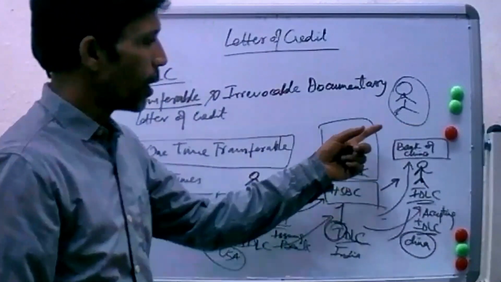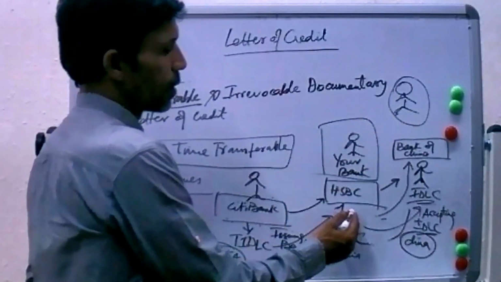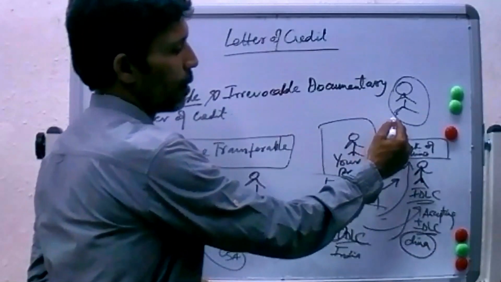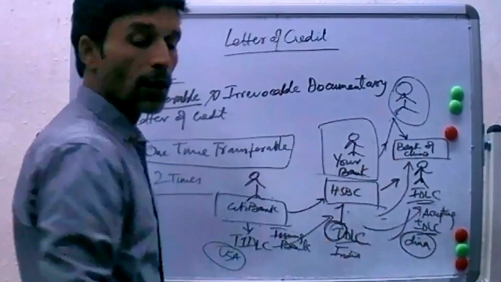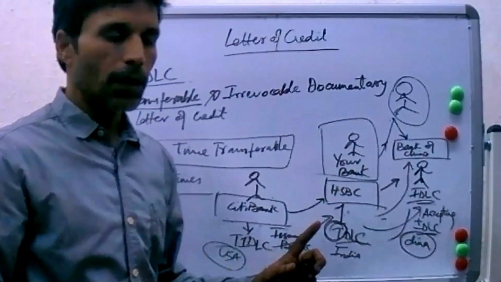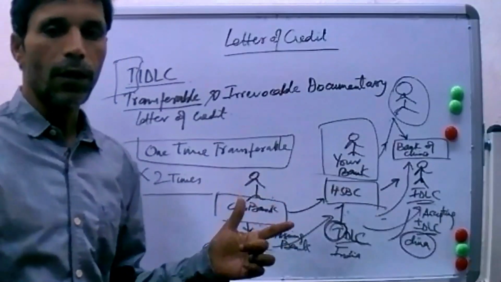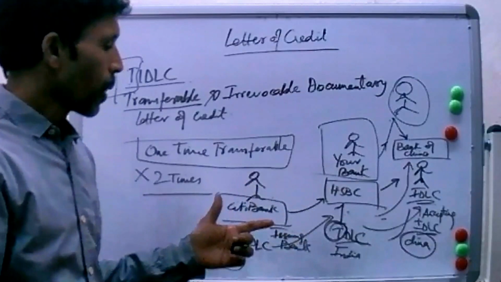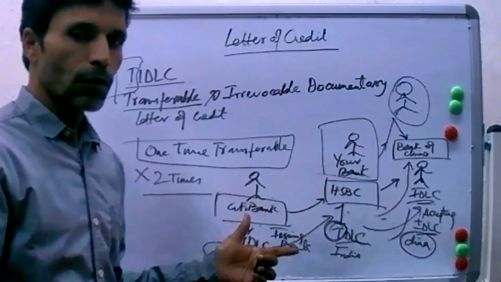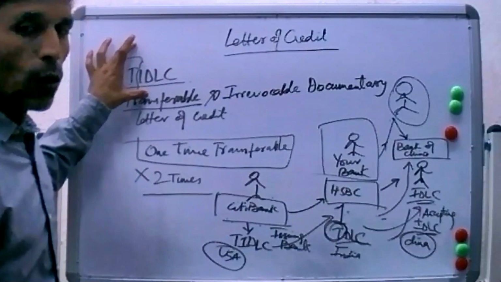If he says that you need to transfer this to his bank, and he will transfer it to his bank, then there cannot be any deal done, because as per UCP 600, that is Uniform Customs and Practice 600, the International Chamber of Commerce rule, the TIDLC is only one time transferable.